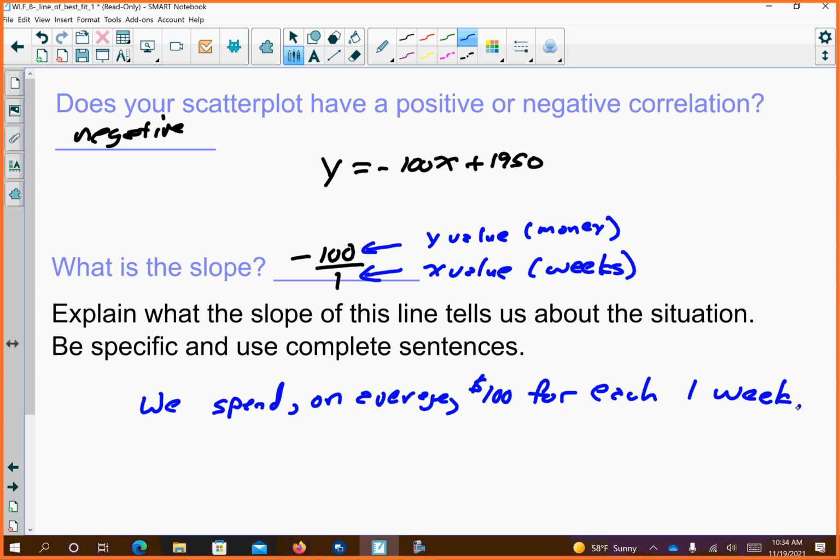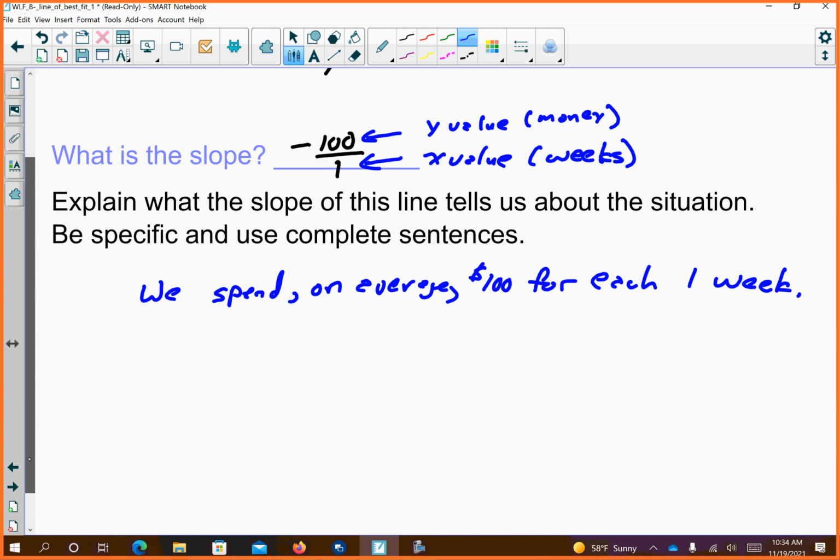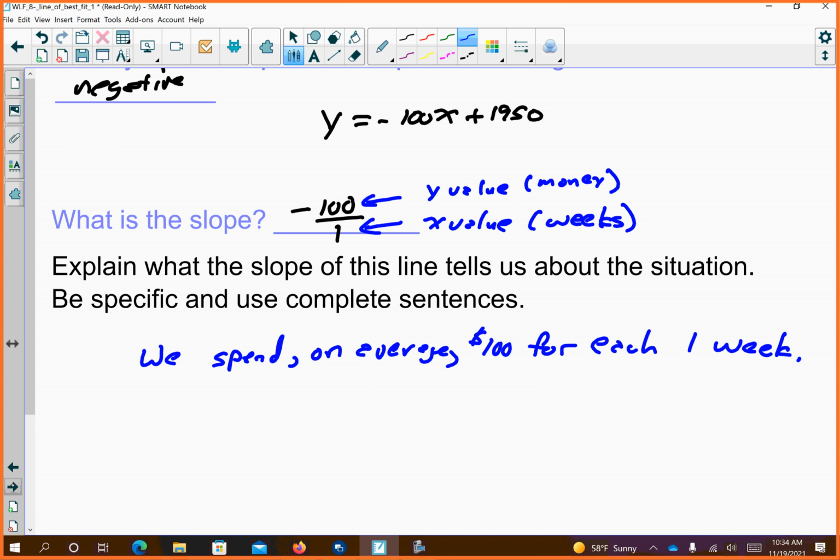So that's basically what our slope says. Now, is it possible we didn't spend anything 1 week and then spent 200 the following week? That's possible. We're just taking money out. But I will show you something in a few minutes that I think will key in some interest more than this will. So that's basically what we're going to say so far.